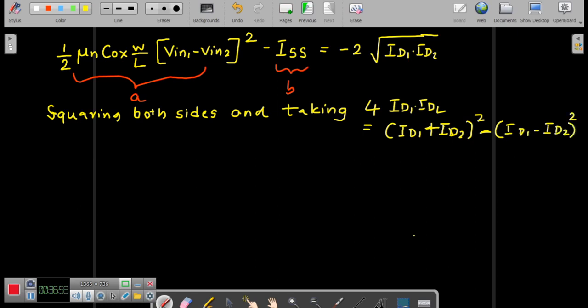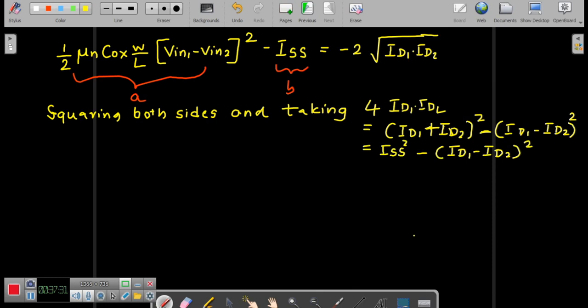So please try to understand what for we are doing all these things. We are trying to correlate your drain current in terms of the input voltage Vin1 minus Vin2. So this I can write as ISS square, because my ID1 plus ID2 is nothing but ISS, minus (ID1 minus ID2) whole square.